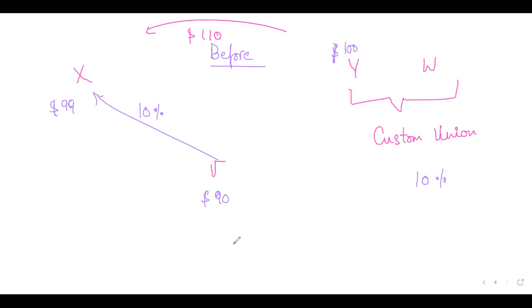So let's look at the story one more time. Before X joined the customs union of Y and W, the question tells us that the customs union's common external tariff, which these two countries were imposing on other countries, was the same as X's initial tariff. But X was importing cars from V. Initially we took the example that the cost of producing cars in V was $100 and in Y was also $100.